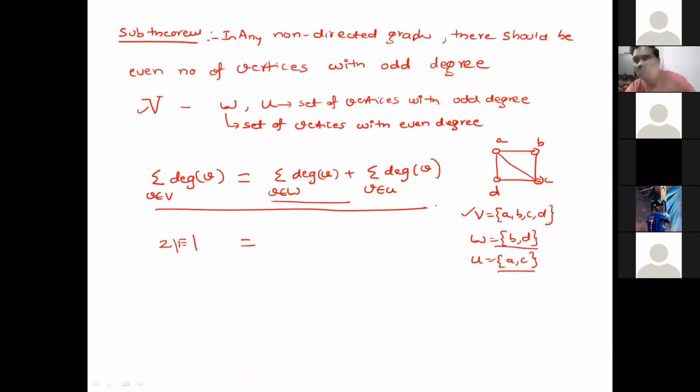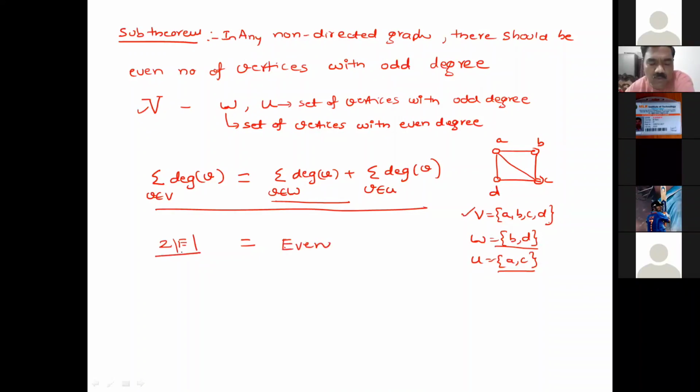Then when I add all those even numbers, will I get even or odd? Even number. It is always even, because all such even degrees if I add, I always get an even. So therefore this quantity is even.